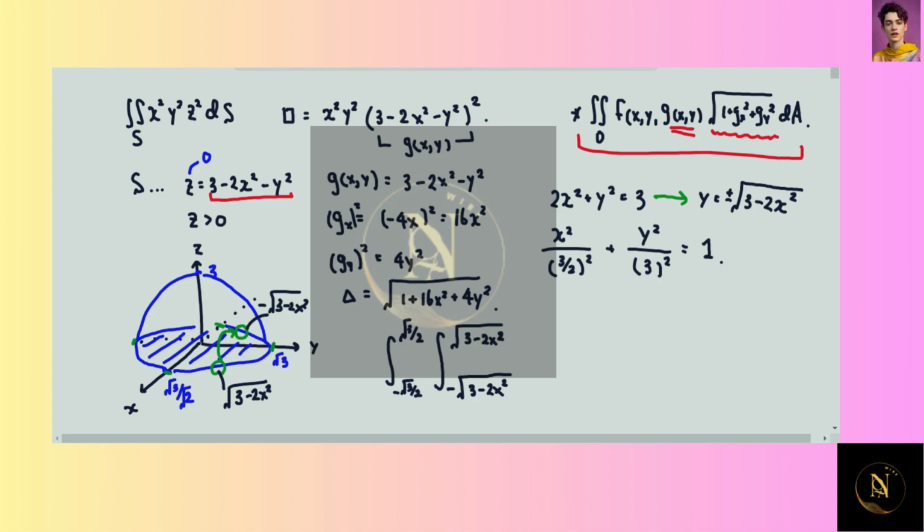Okay, and then we just plug in f of x, y, g of x, y times the square root of 1 plus g sub x squared plus g sub y squared. The order I took was dy dx. If you plug this into the calculator, it might take some time because it's quite a complex-looking integral, but eventually it will give you an answer.